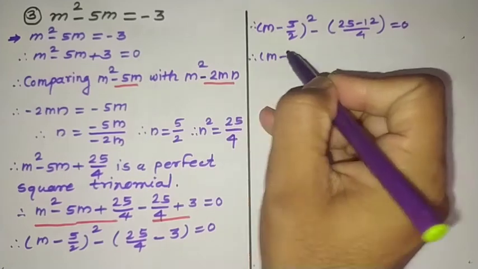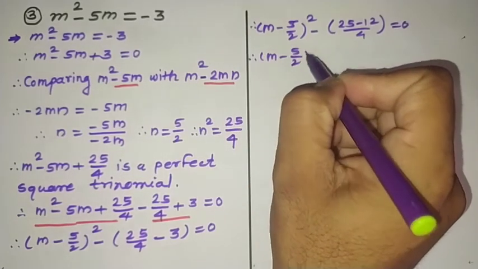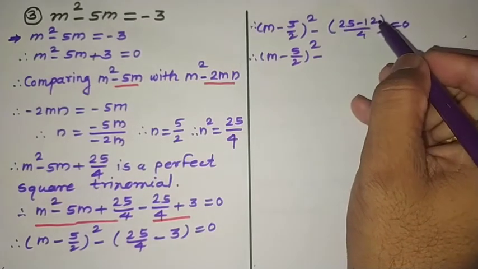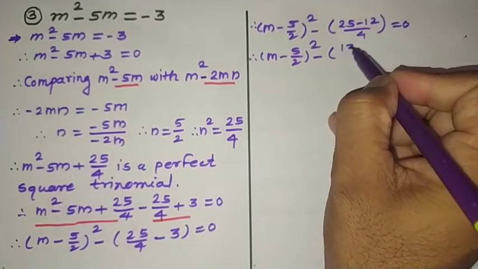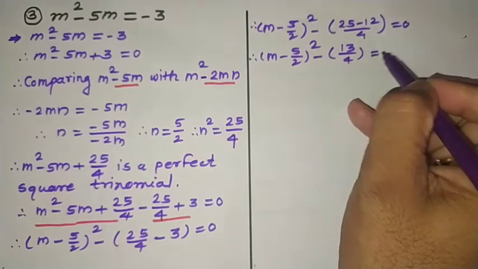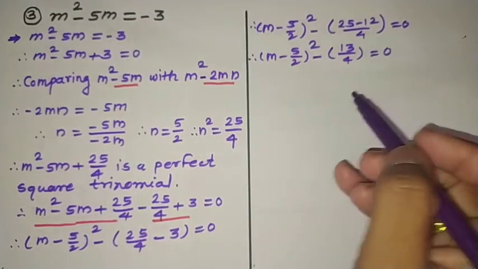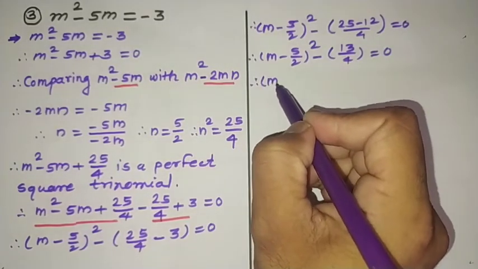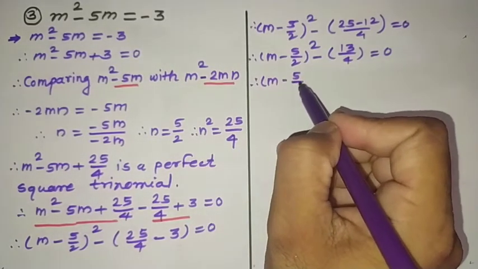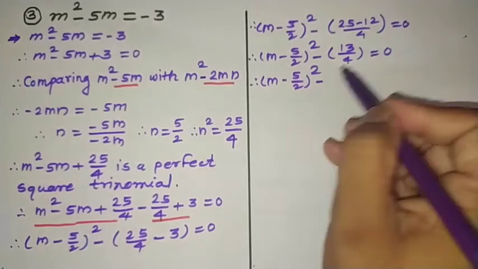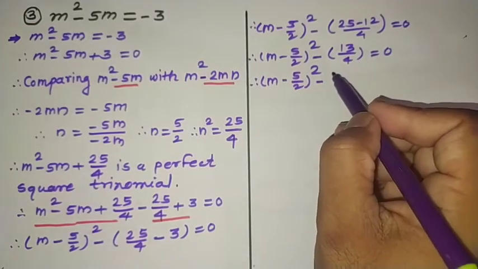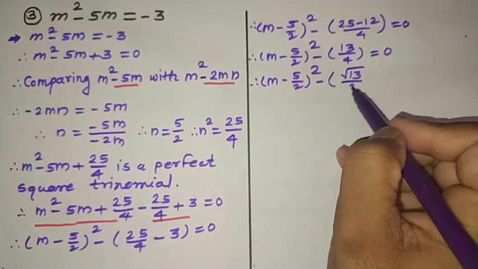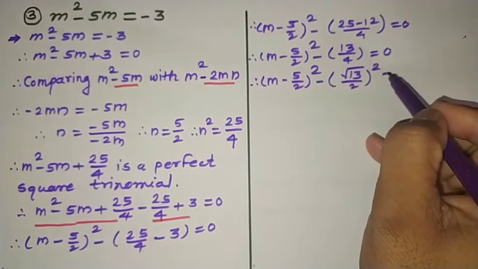Therefore (m minus 5/2) square minus (25 minus 12)/4, that is 13/4, is equal to 0. Write the second term in square form: (m minus 5/2) square minus square root of 13 upon square root of 4, which is 2, bracket square.